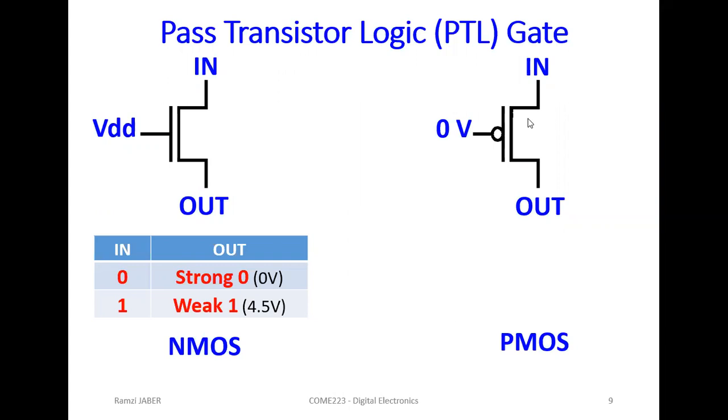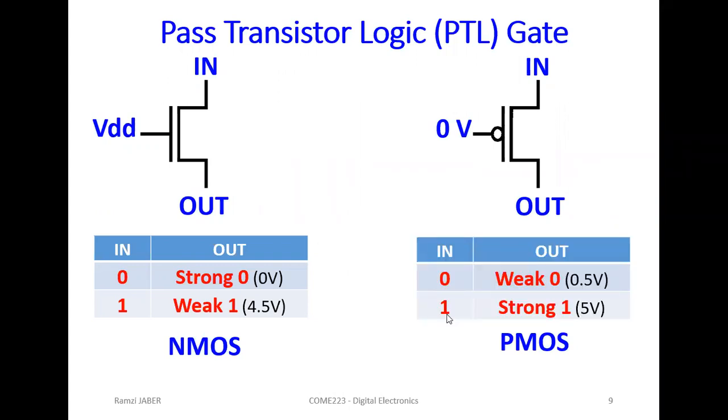So if the input is high, 5 volt, the output will be strong 1, 5 volt also. But if the input is low, we get weak 0. Weak 0 here is equal to 0.5 volt, so the internal diode will turn on in the opposite direction to give us 0.5 volt.